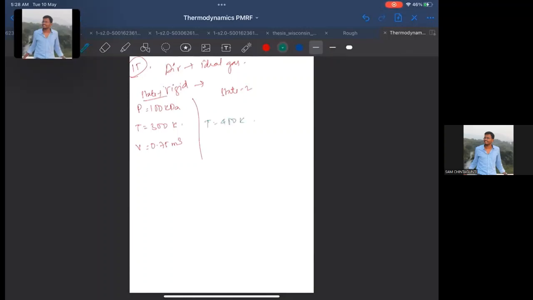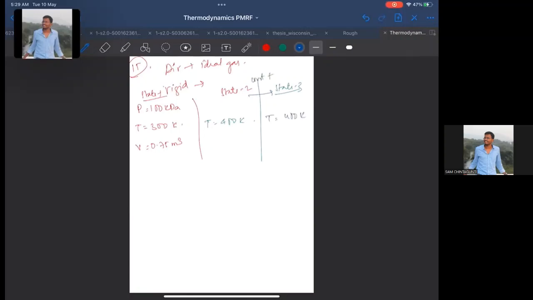Now one side of that tank, now it is state 3, acts as a piston, letting the air expand slowly at constant temperature to state 3 with a volume of 1.5 cubic meter. Constant temperature, T is equal to 400.